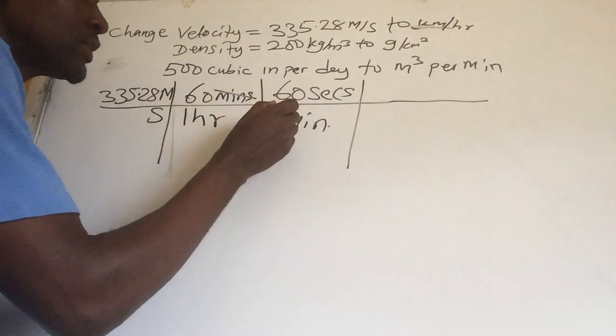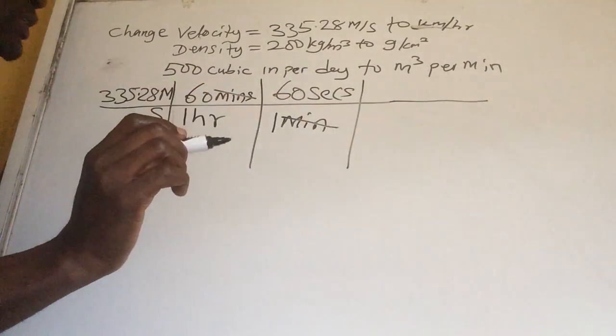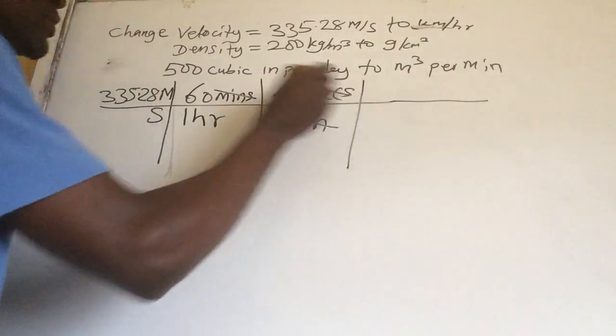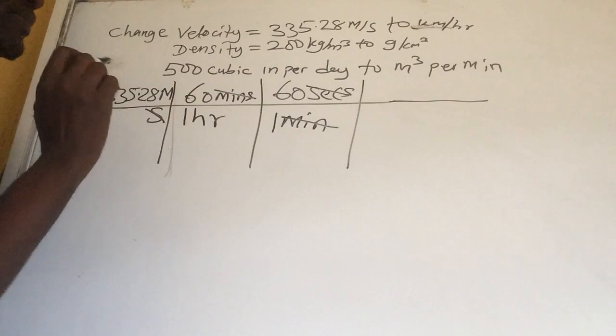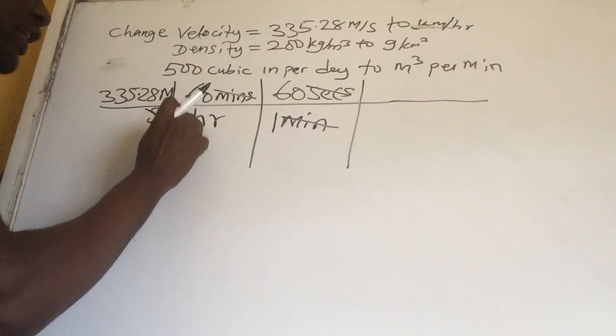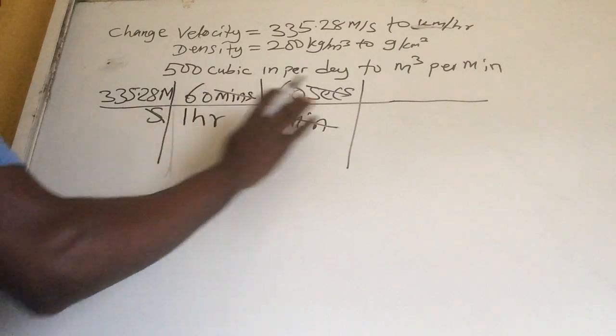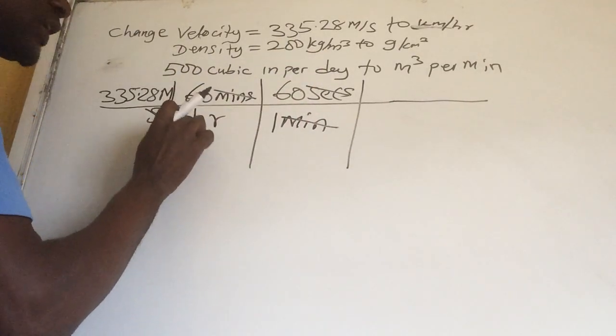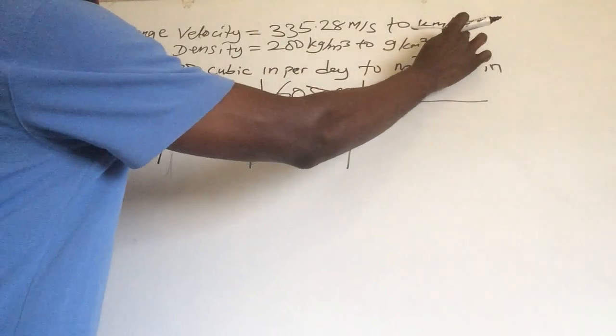Minutes cancel minutes. Seconds cancel seconds. The only thing I need here is hour. So now I have successfully got hour here, which is per hour.